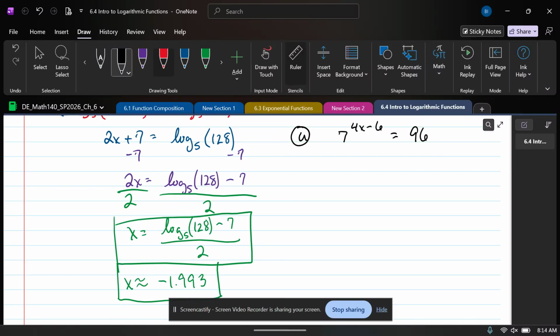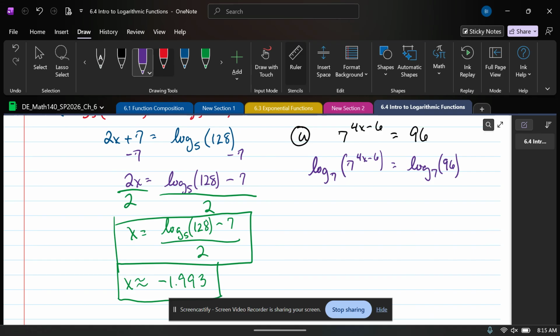So what logarithm am I going to use? Log base 7. So I'm taking the log base 7 of both sides. Whatever the base of your exponential is, that's the base of your logarithm. That's the key to this. Once you're there, you're good.